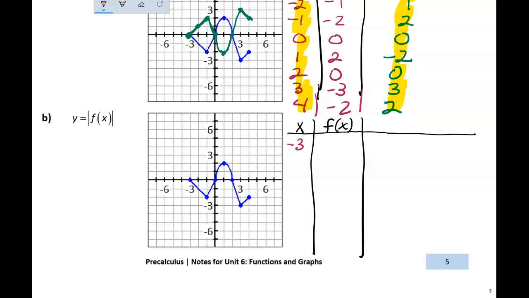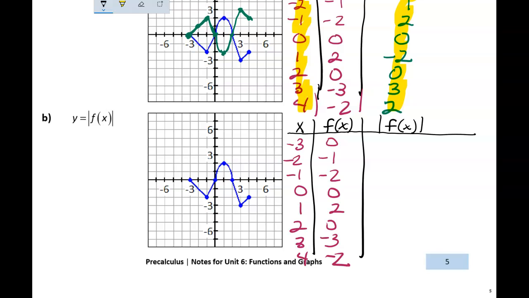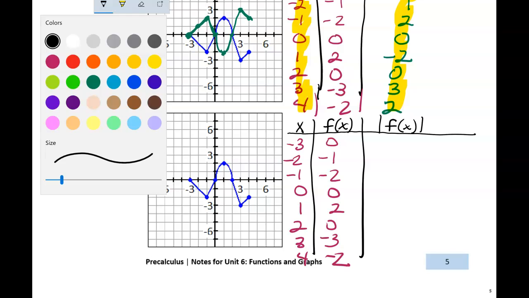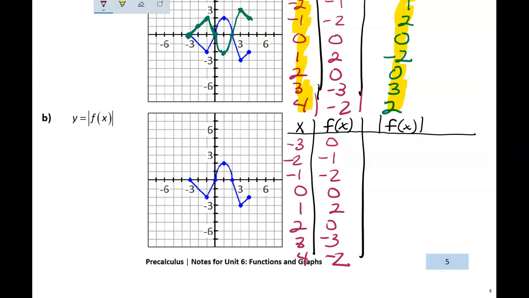So we have -3, 0, -2, -1, -1, -2, 0, 0, 1, 2, 2, 0, 3, -3, and 4, -2. And then our last column is going to be the absolute value of f of x. So we just need to take an absolute value of all the numbers in the second to last column here.